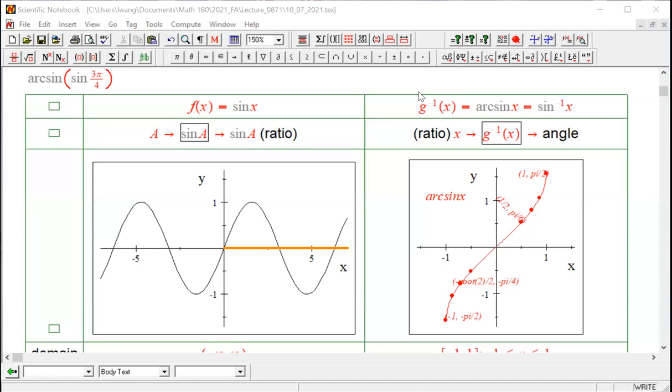The ratio is the blue, root 2 over 2. This √2/2, which is a ratio, is the input for the inverse function. So you take the blue, √2/2, and you go there, and then you get the angle. That's the process, visually. Do you guys see that?